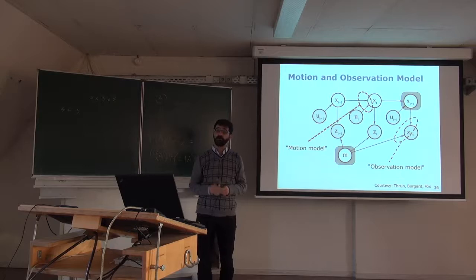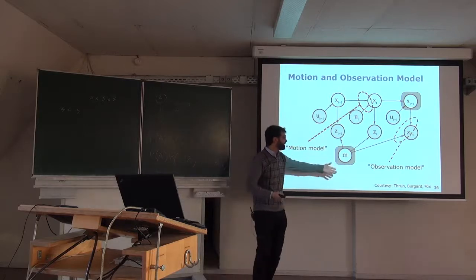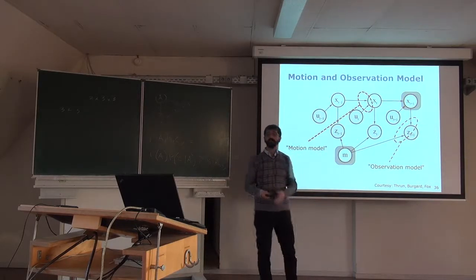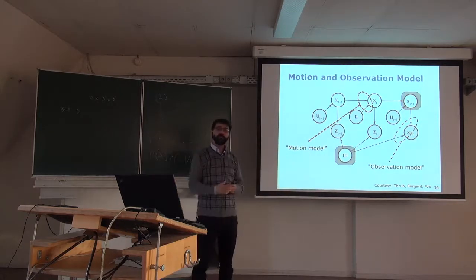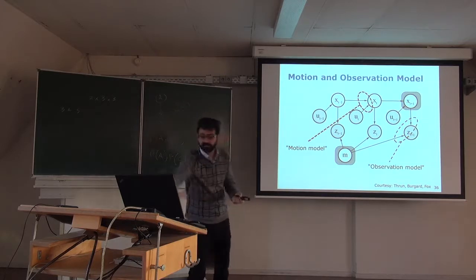Okay, so in principle we don't have it, we want to estimate it, but this is somehow a generative way of looking at things. You say, I have to model something that connects my pose and my map with what I observe. And doing it the other way around is very complicated, because you can observe, let's say, this distance everywhere in the world.